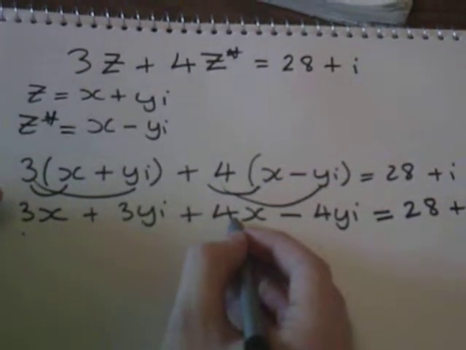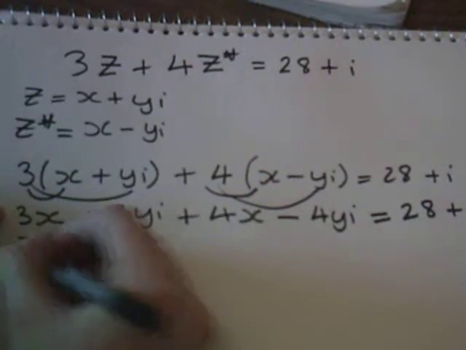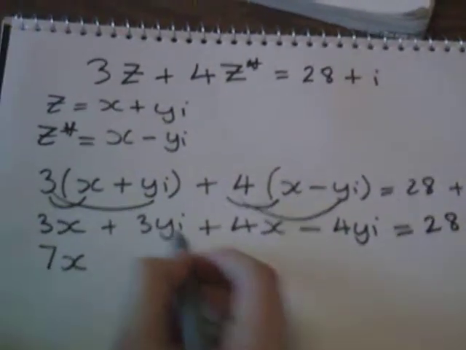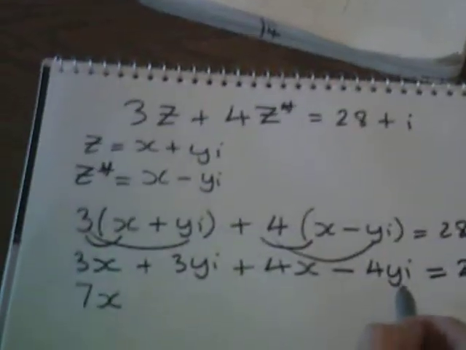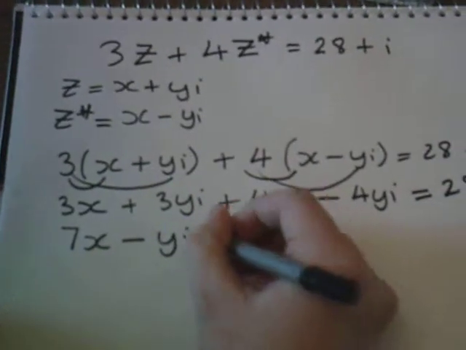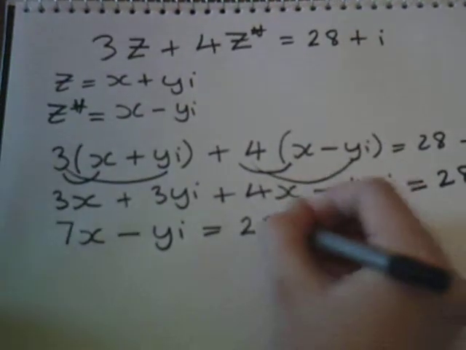So 4x is real, 3x is real. You can add them together because they're both positive, so 7x. 3yi and minus 4yi are the imaginary parts, so 3yi minus 4yi is minus yi, which is equal to 28... no, plus i, sorry.